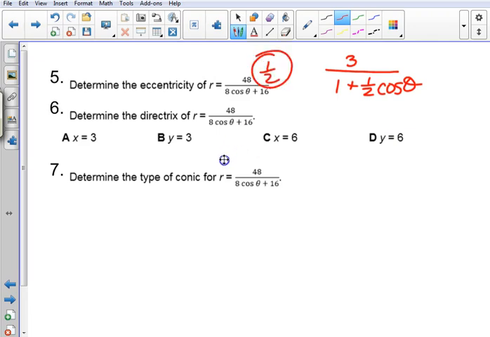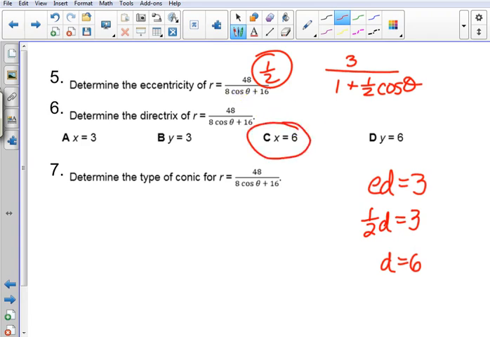Okay, same question, so we don't have to do anything more except determine the equation of the directrix. So ED is 3 up top, but this is 1/2, right? Which makes it 6, and it's cosine, so it's x equals.